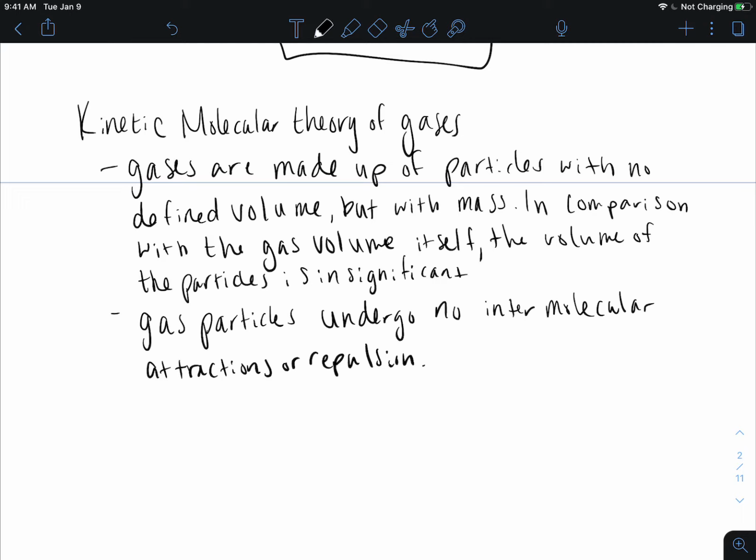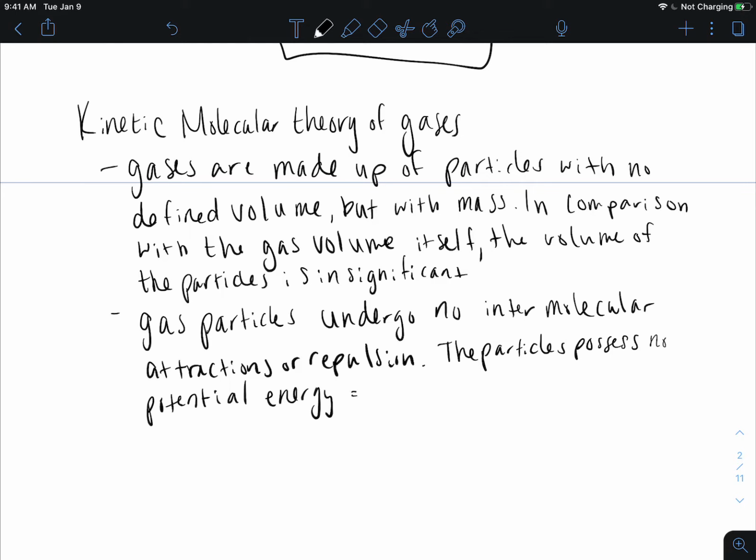They're going to essentially leave each other alone, not interact at all. So what this assumption implies is that the particles possess no potential energy. They just have kinetic energy.